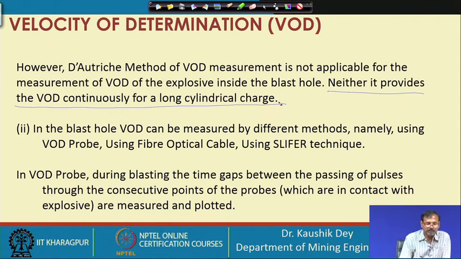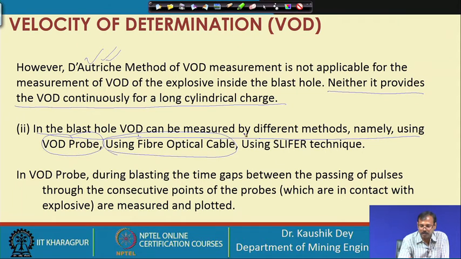The second problem is that in the blast hole, VOD can be measured by other methods, which is not possible in the case of the Dautriche method. The blast hole VOD can be measured using different methods: VOD probe, fiber optic cables, and slipper technique.